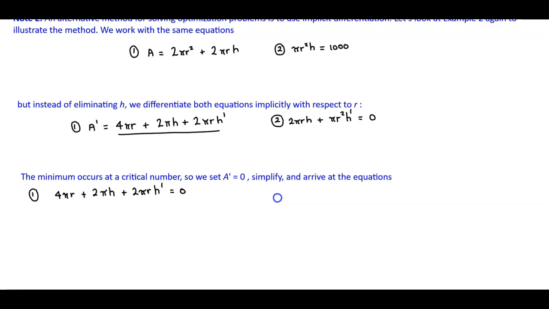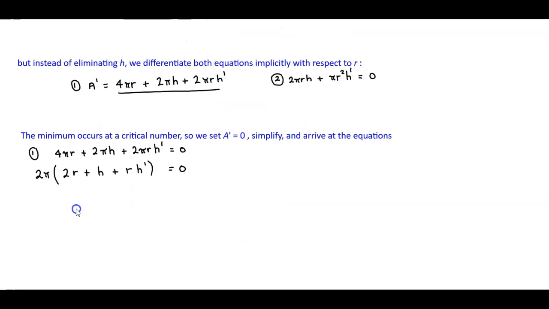Now, out of all three terms, we can factor out a 2 pi. And what's left is 2r plus h plus r h prime, and that's equal to 0. If we divide both sides by 2 pi, we end up with 2r plus h plus r h prime equal to 0.